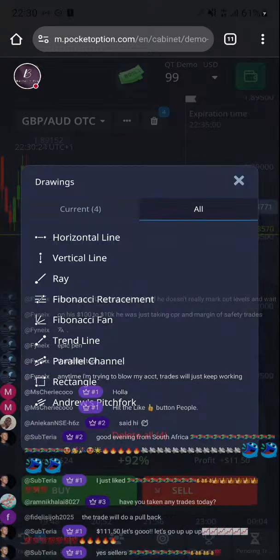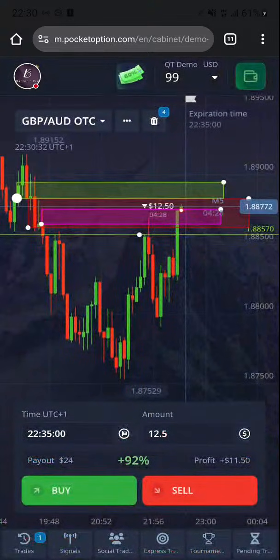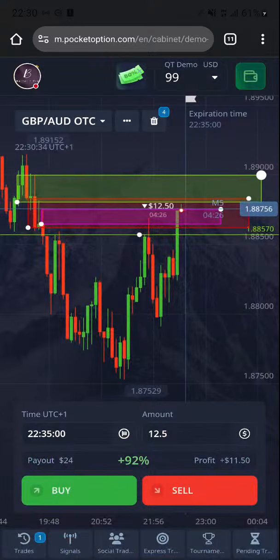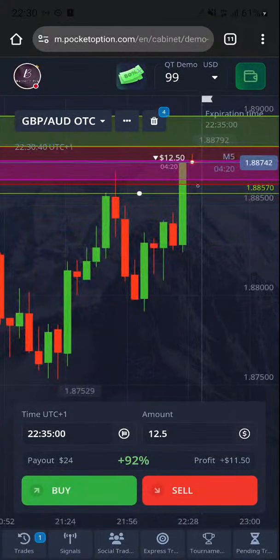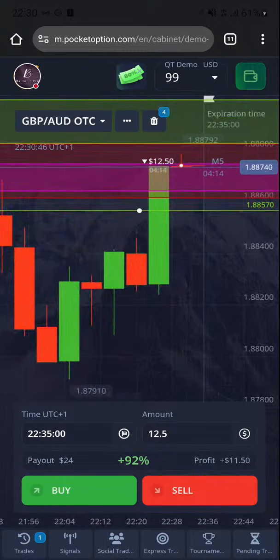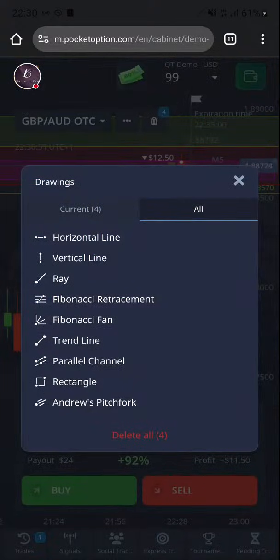So we still have another supply area up here. Even if the price comes up here, the sellers are still going to push it to the downside. So I'm expecting the sellers to come in and give us a very good red candle.